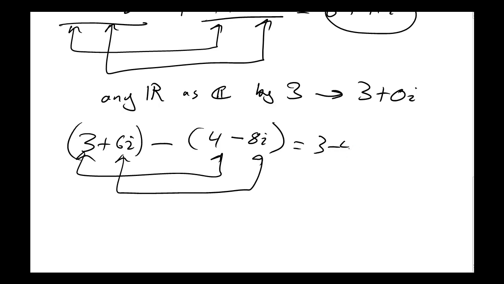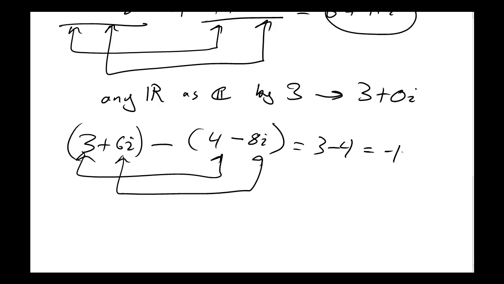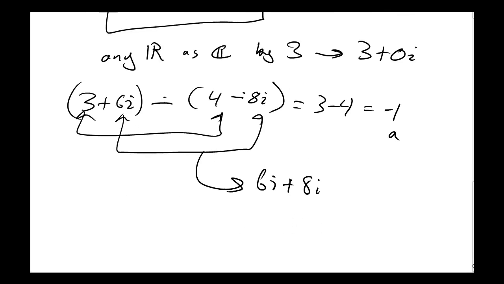So this is going to be 3 minus 4, and that part's going to be negative 1. This is my a part. And in terms of my b part here, I'm going to have 6i plus, because minus minus gives me plus, 8i, which equals 14i. This right here is my b term. So my final answer is -1 plus 14i.